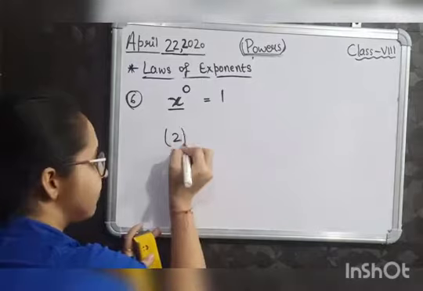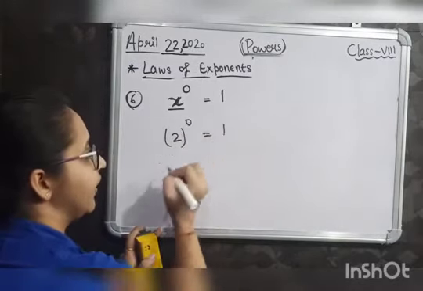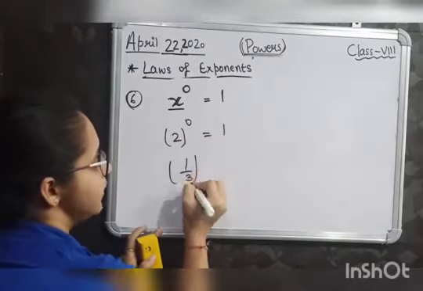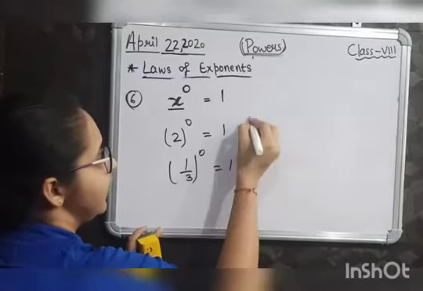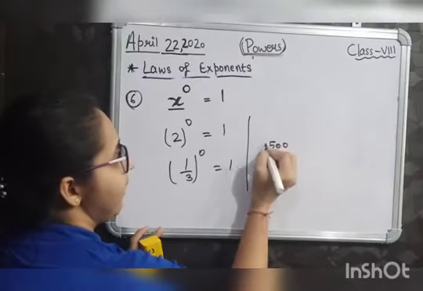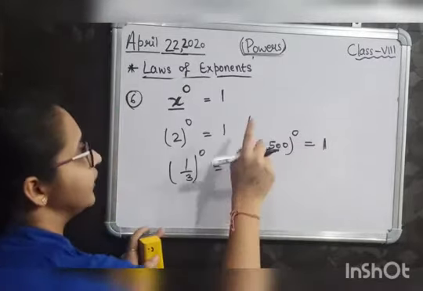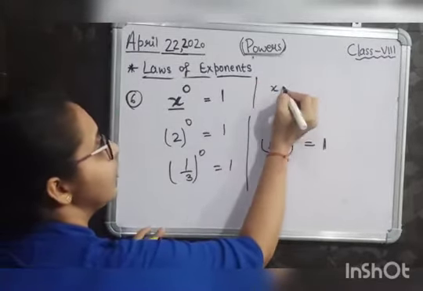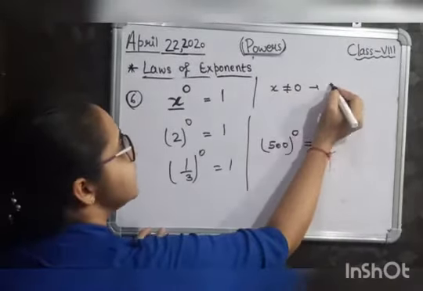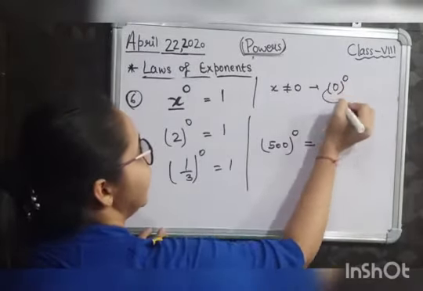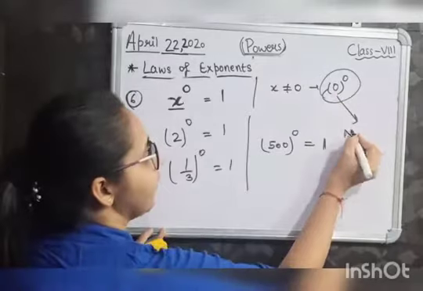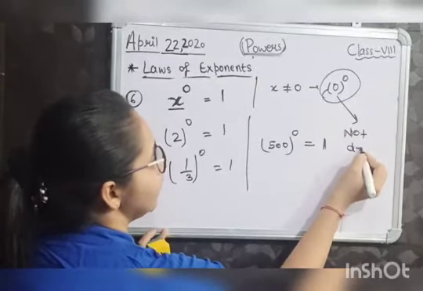Like 2 power 0, what will it give? 1. 1 by 3 power 0, what will it give? 1. 500 power 0, what will it give? 1. But note that x cannot be equal to 0. Like 0 to the power 0 is not defined.